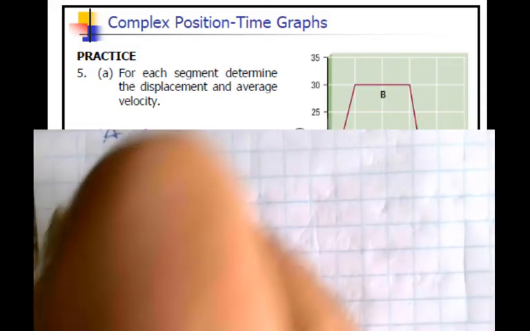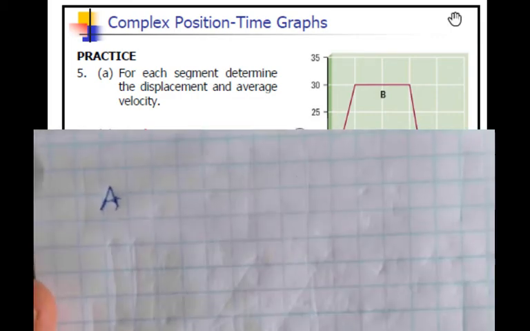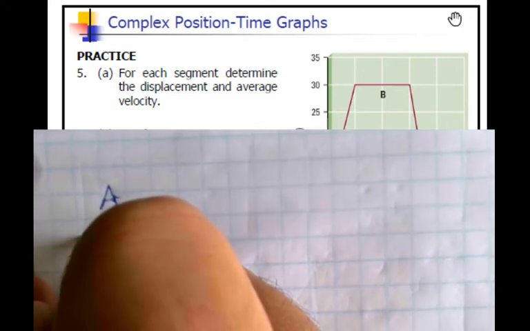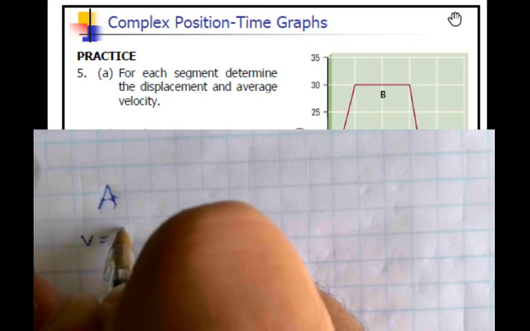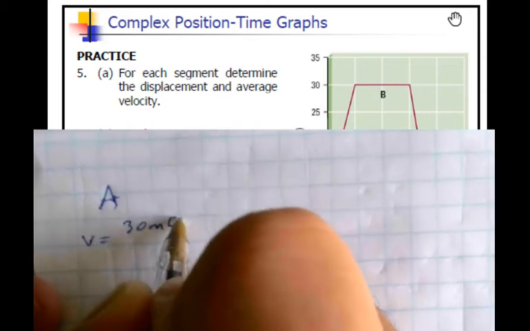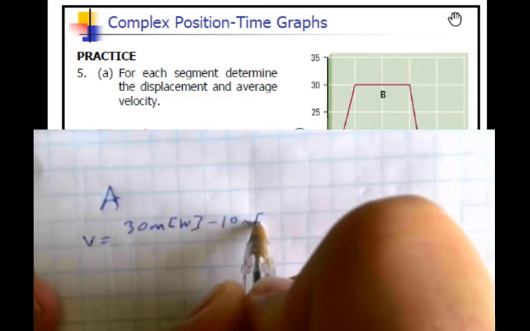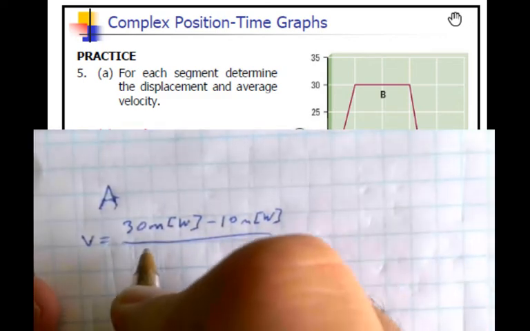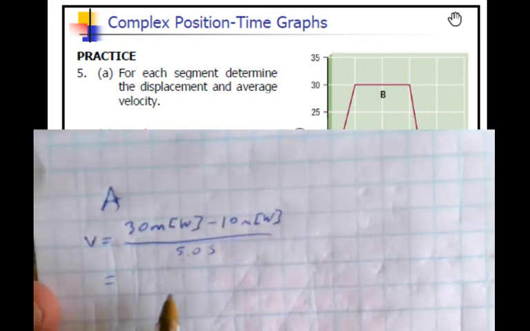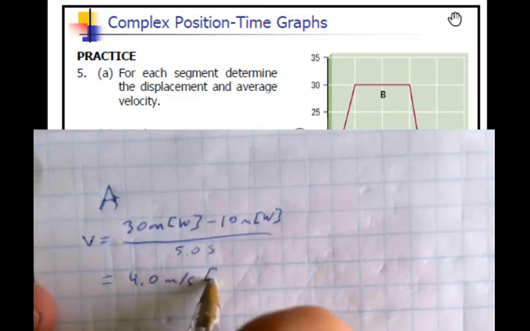For line segment A, the slope is found by finding the change in the position, which is 30 meters west minus 10 meters west, over the time, which is 5.0 seconds. 30 minus 10 is 20. 20 divided by 5 would be 4.0 meters per second west.